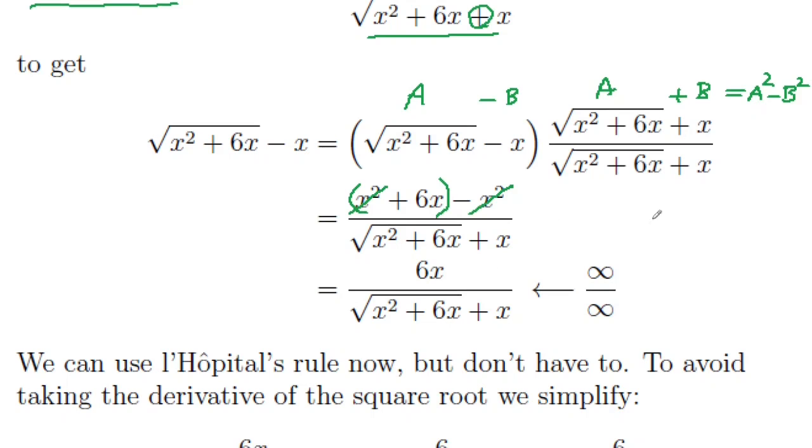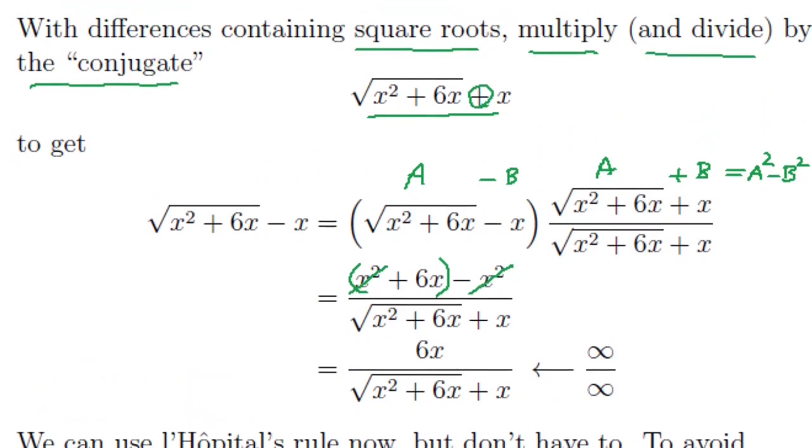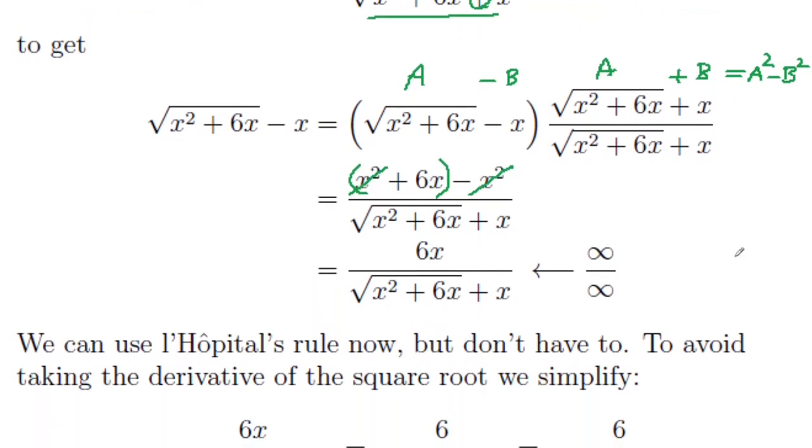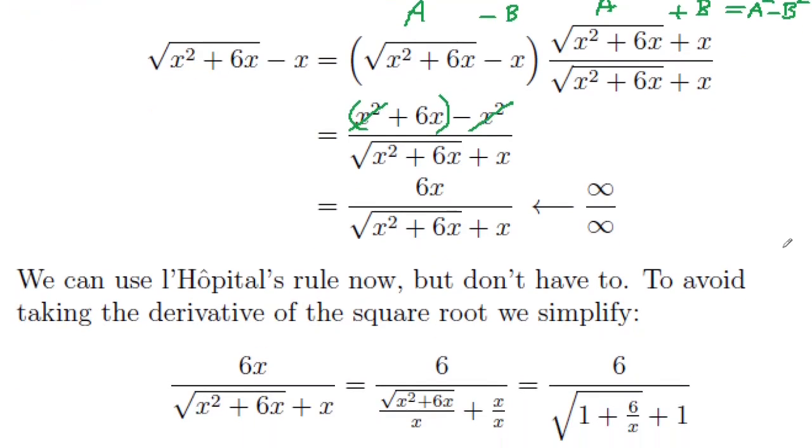As x goes to infinity, which is what we are interested in, so let's go back here. You notice that 6x goes to infinity. The denominator certainly goes to infinity. So now we have an infinity over infinity to which we can apply L'Hôpital's rule. Although that's perfectly valid, it's probably a good idea to use an alternative method if we can.